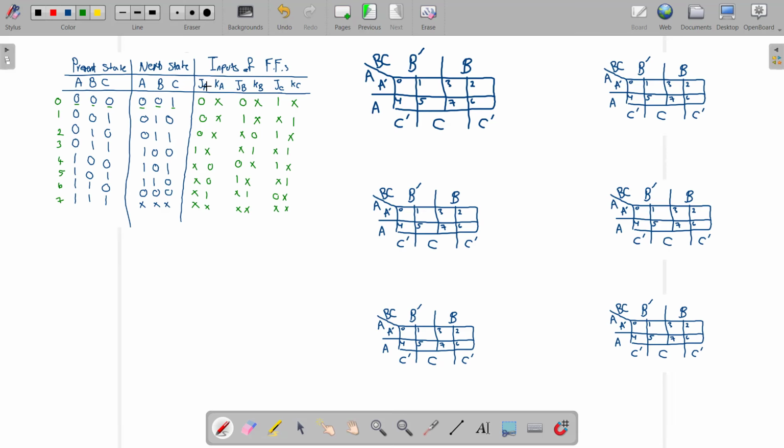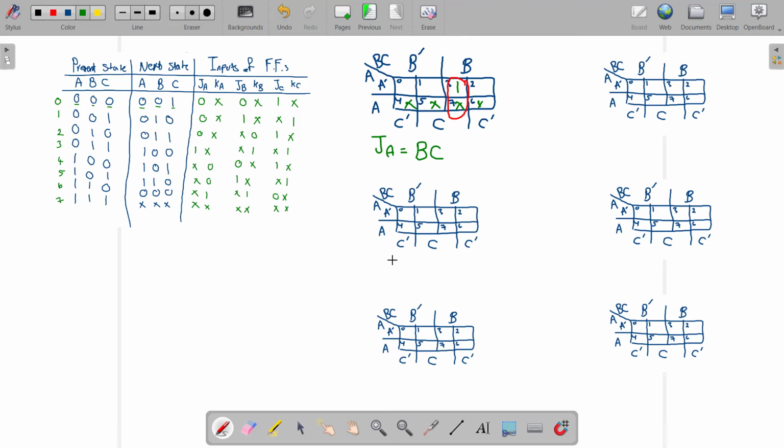Okay, now let's start with the JA. Here, you can see that for the JA, the 3 is 1, the rest is equal to 0. The rest is equal to don't care. 1, then 4, 5, 6, 7 are the 0. Now again, we make this one as the group, and JA will be equal to BC.